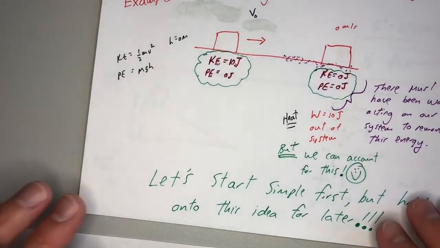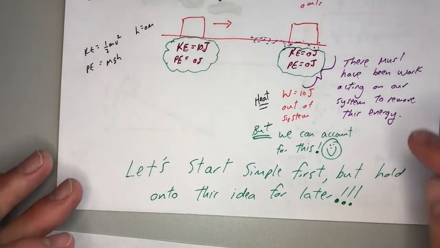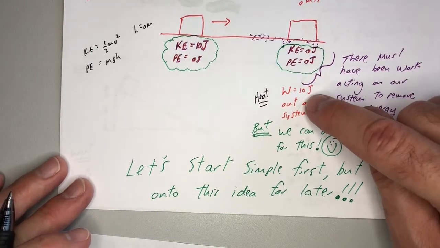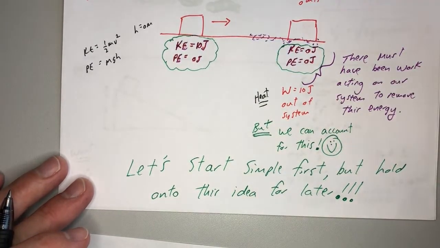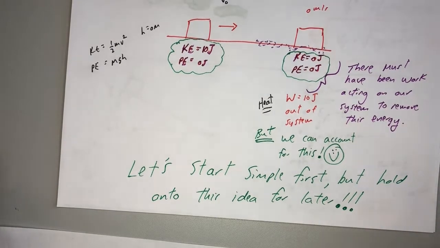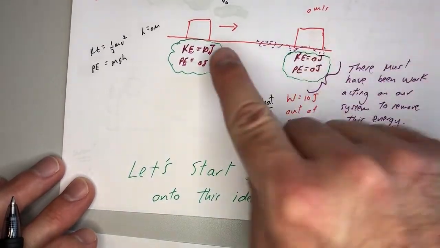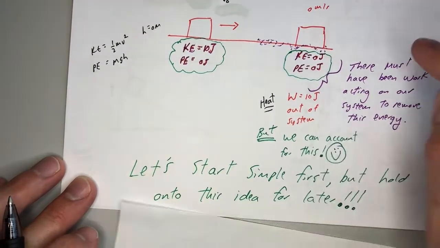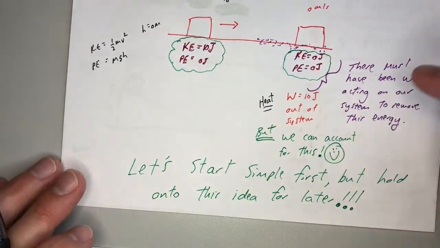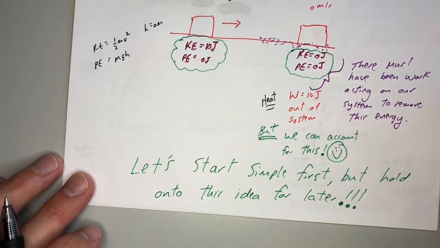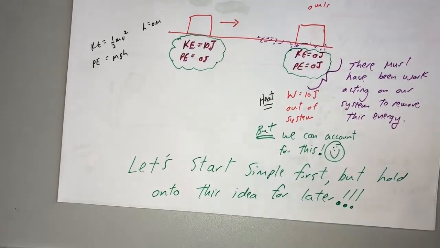And it's not like you violated the conservation of energy. You take 0 plus 0 plus the 10 joules lost because of friction, it still adds up to 10. It's just that it's not a conservative force, because to be a conservative force, when you add KE plus PE, it should remain constant throughout. Okay? A non-conservative force, you transform the energy into heat, maybe due to friction, and you have to account for that.